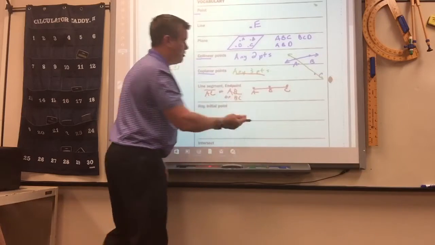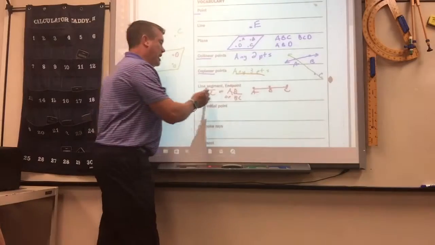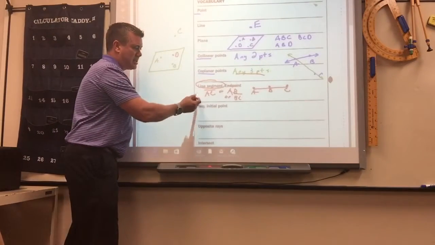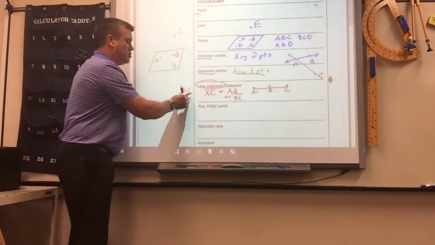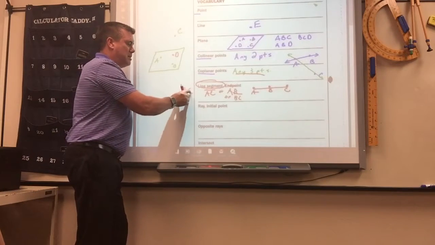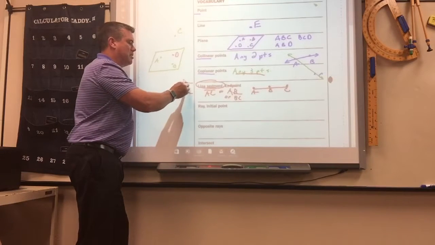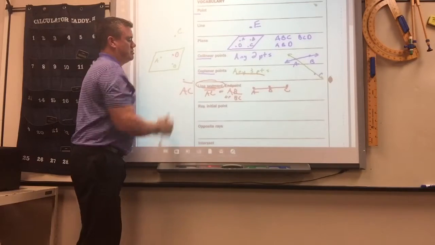And again, you can reverse those, CB, AB. The line segment is the one, though, that doesn't need a line segment symbol above it. In the book or anywhere, if you just see two letters, that is meant to be a line segment. So you don't need to put the actual line segment above it, but you can if you want. The lines you do.